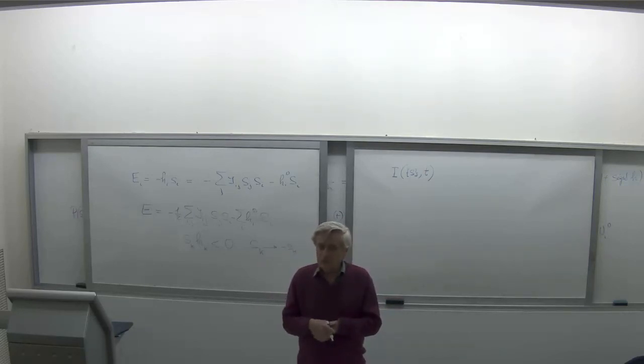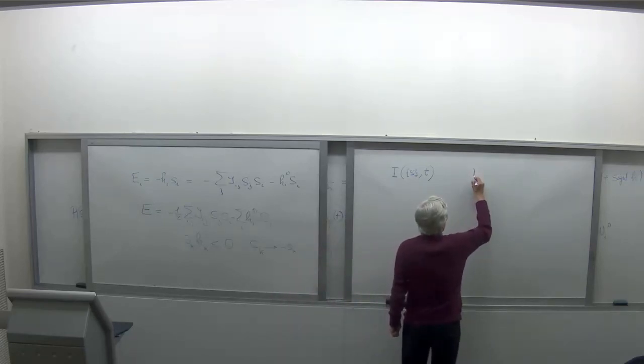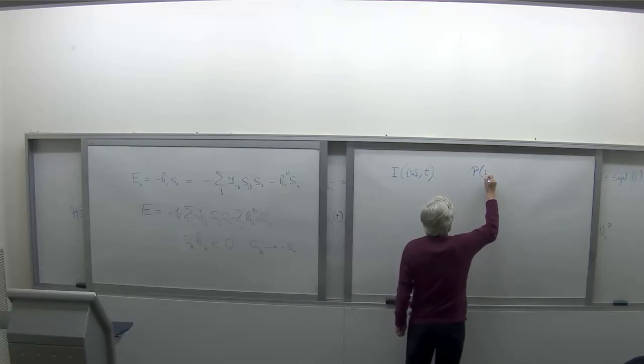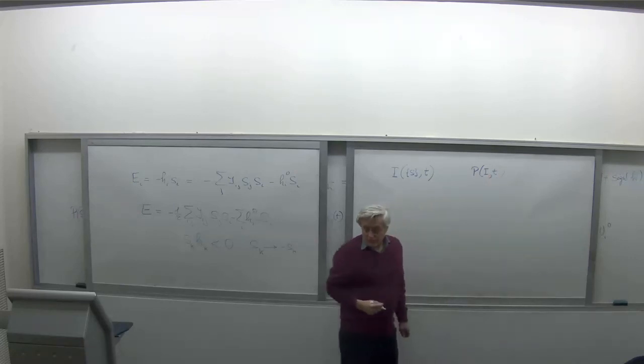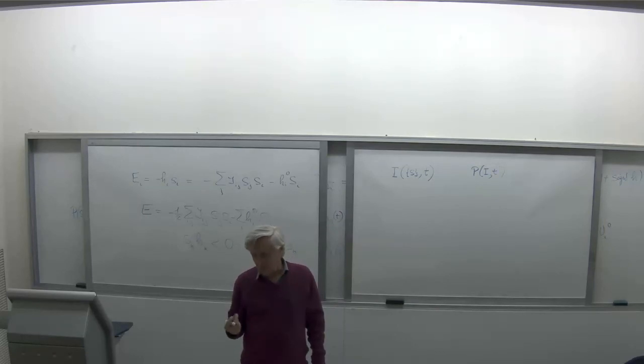We can only talk about probabilities. We can say that P(I, t) is the probability of having configuration I or state I of the network at time t.